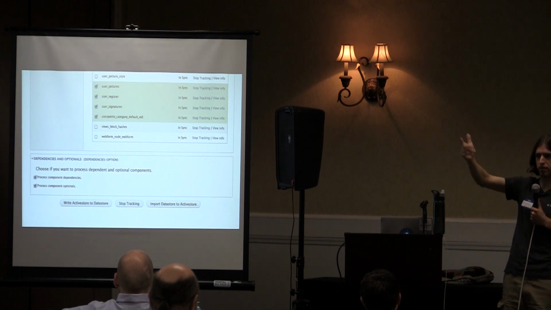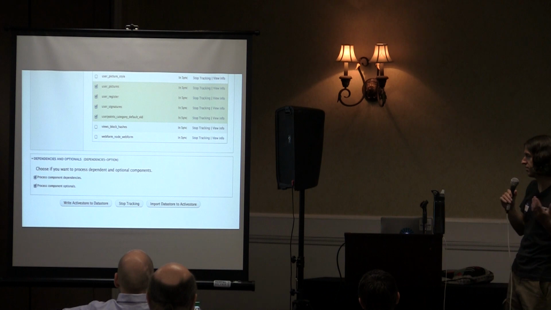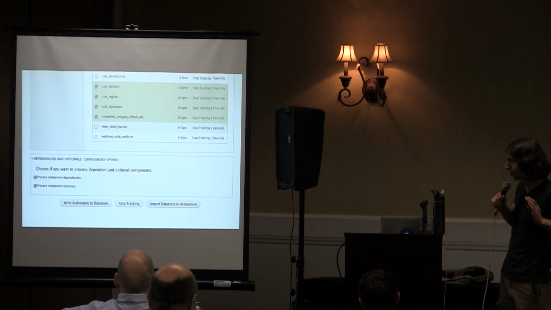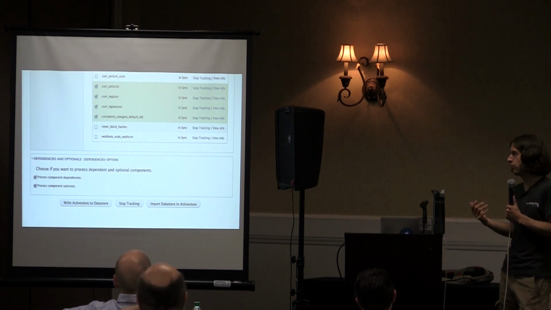So all of the variables, all of the content types and their fields, all of their different display modes and field settings and everything. That's now all in my file system. And then the next step is to get this configuration from there into the actual code base.